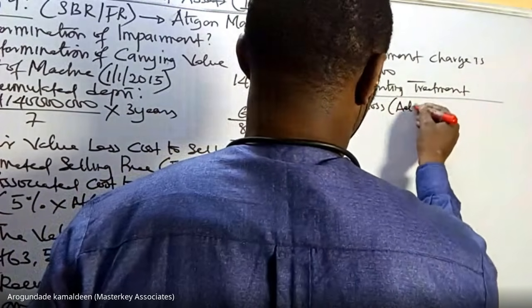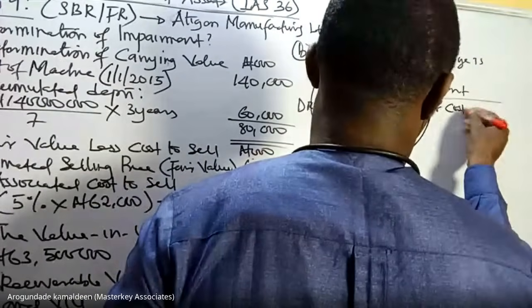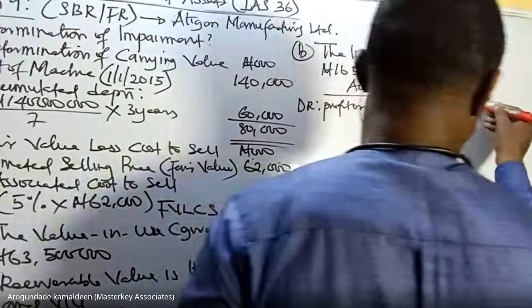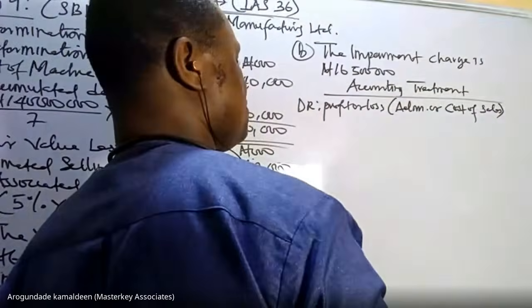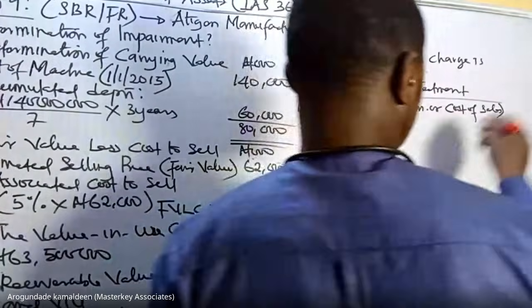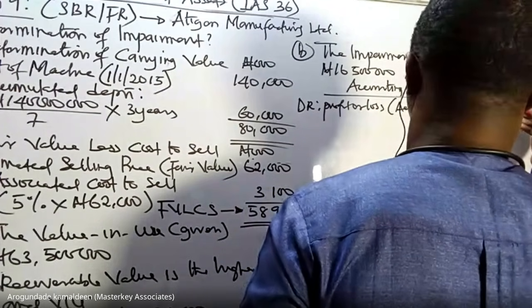It could be admin or your cost of sales, for those of you who have done this before in group accounts.